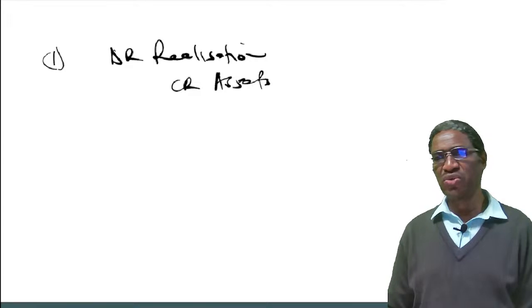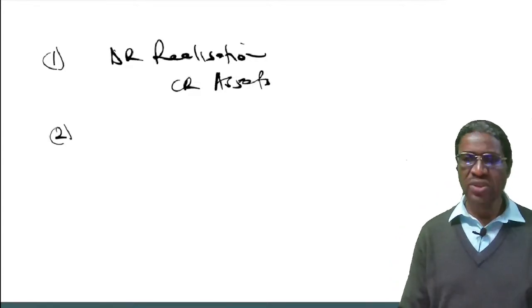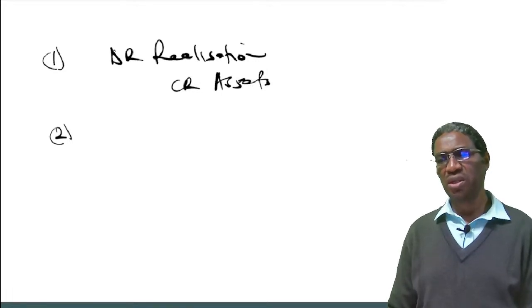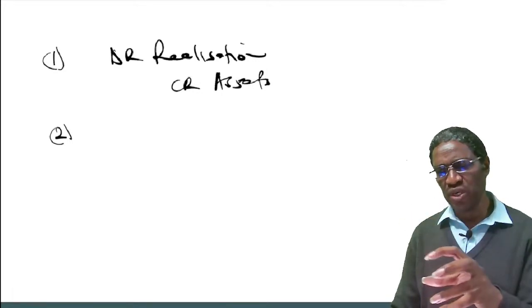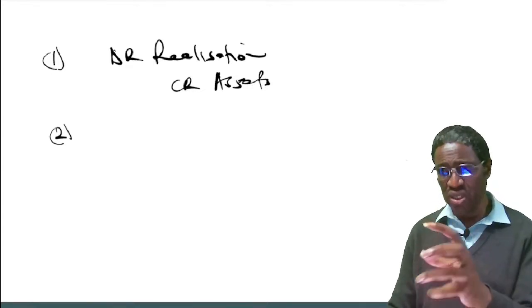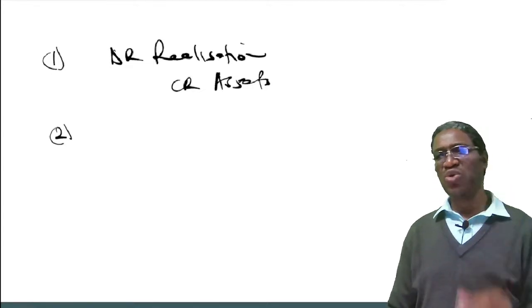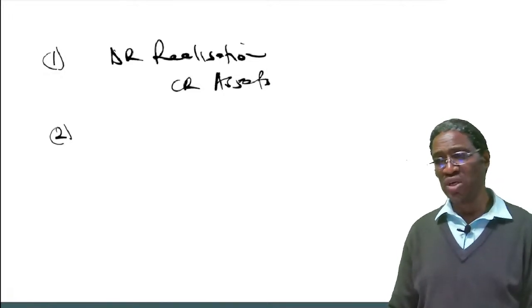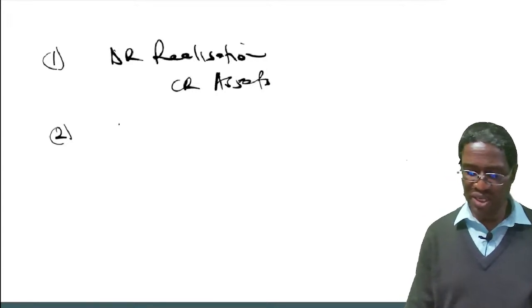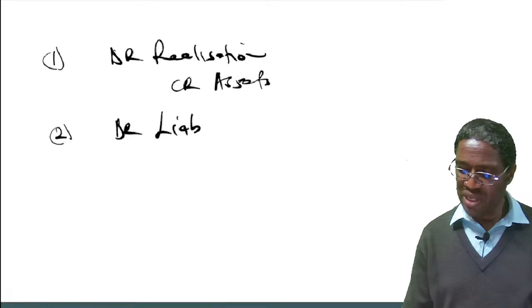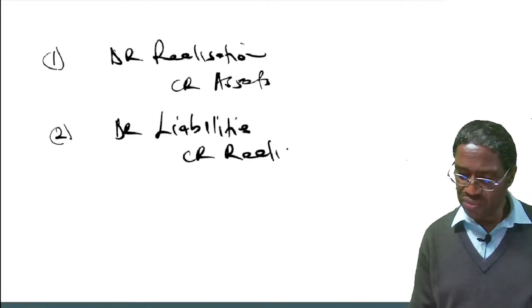Okay. Number two, with liabilities taken over by the purchasing company, debit liabilities, credit realization.